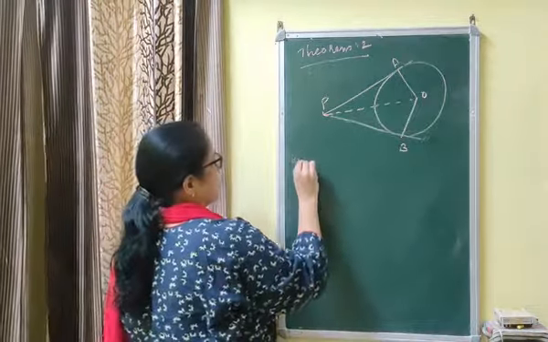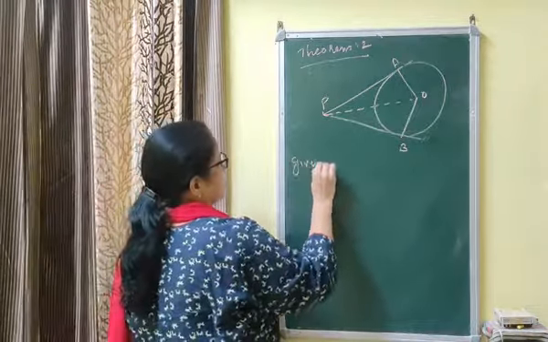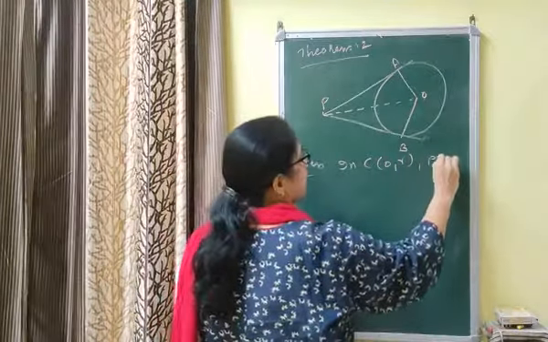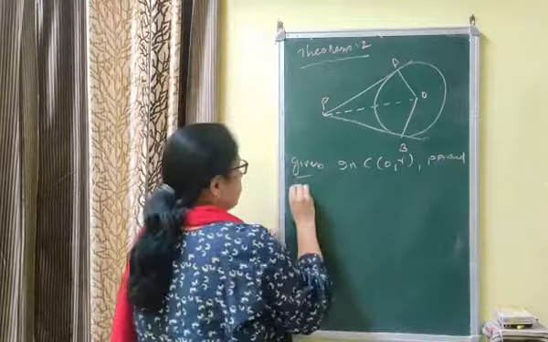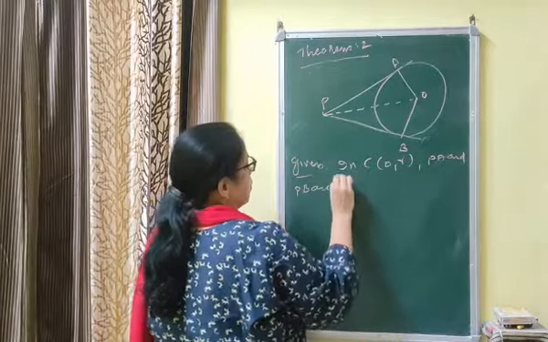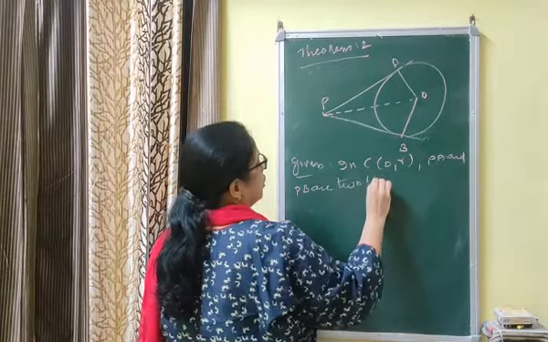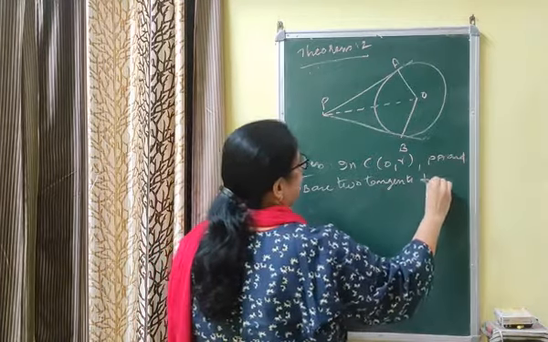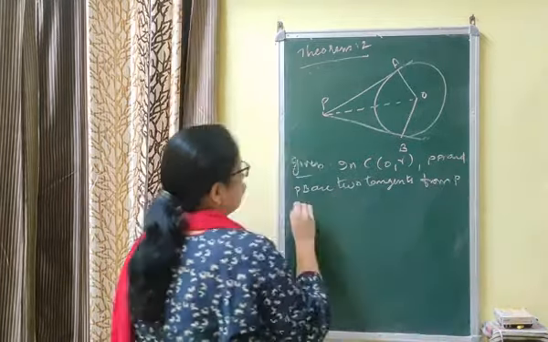So what is given? Given in COR. As I told you, what do you mean by COR? Circle with center O and radius R. In COR, what you are given? PA and PB are two tangents from the point P. Now what you have to prove?